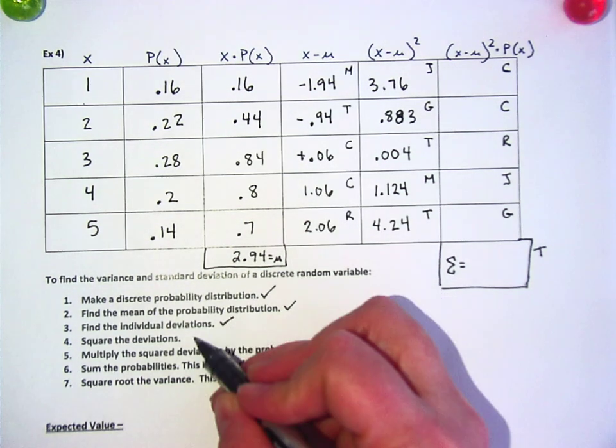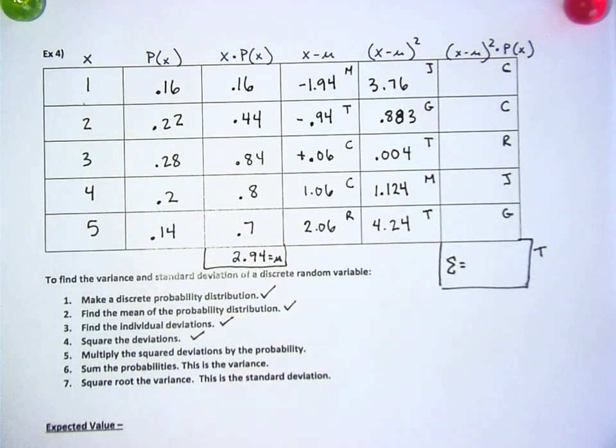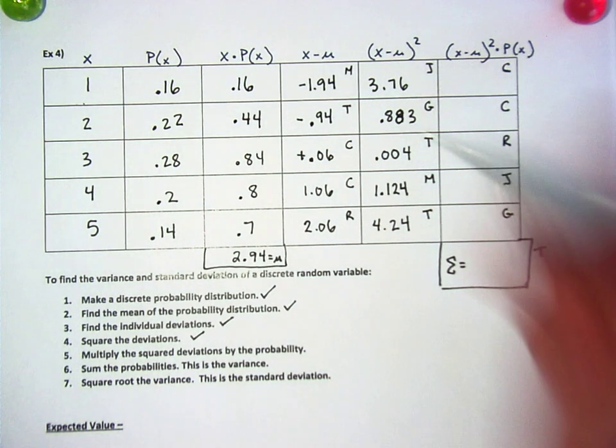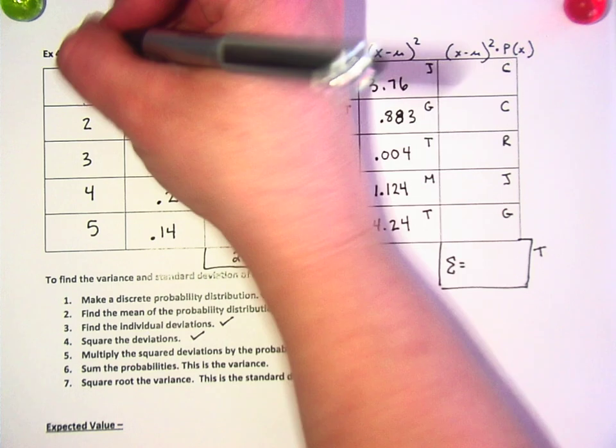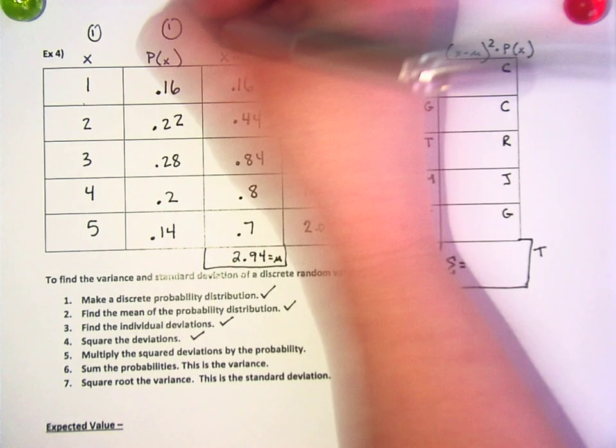Individual deviations we did, we squared the deviations, now we're multiplying the squared deviations by the probability. For the other note page, you put the number of the step by the thing. Sure. Probability distribution, this was 1, 1 right here.